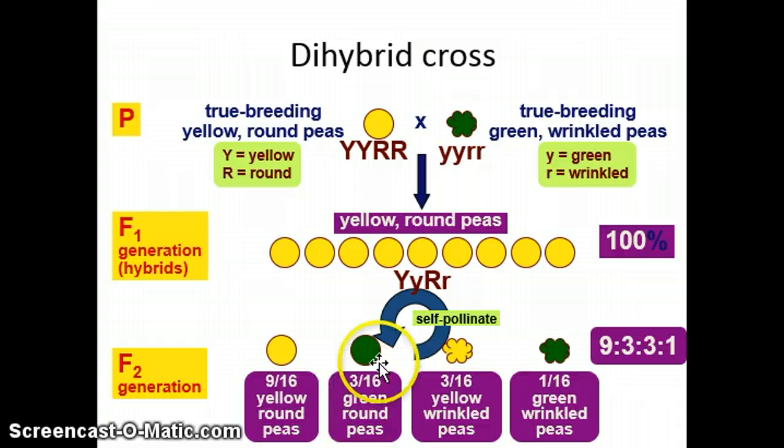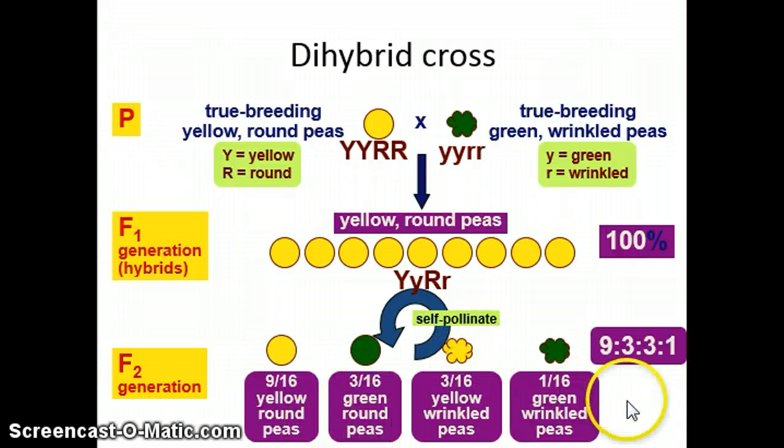Here this one is showing just the color and the shape being round. So it had the dominant shape, but the recessive color. Or in this case, we had the dominant color, but the recessive shape, so it's wrinkled. These two middle ones are the ones that ended up with a mix of dominant and recessive.